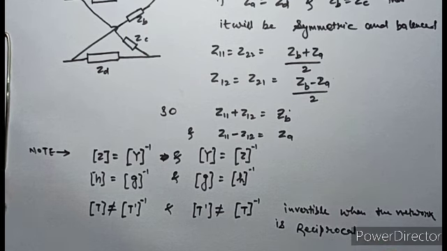Means if the network is reciprocal, then only this will be invertible, right? Don't get confused. This is the inverse T parameter and this is the T parameter, and this whole term is the inverse of the T parameter, which will not be equal to the inverse T parameter. Clear?